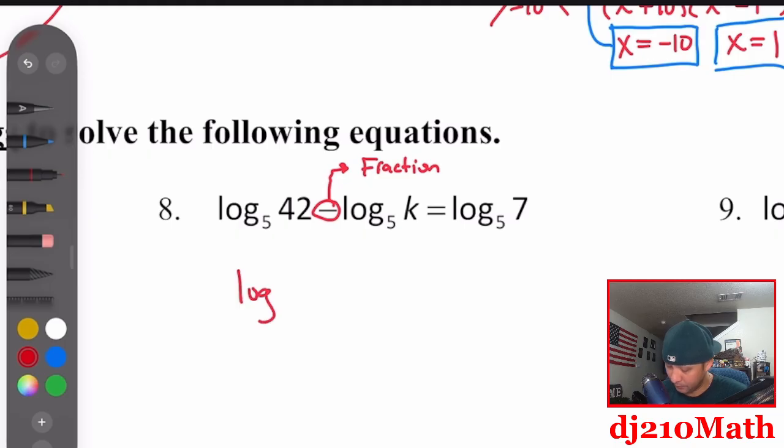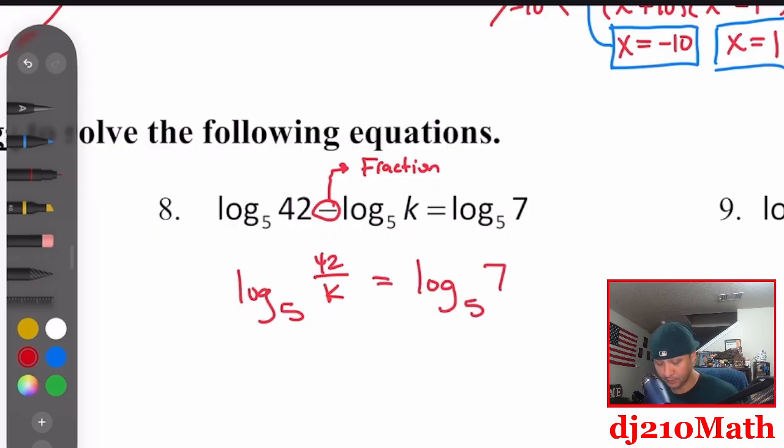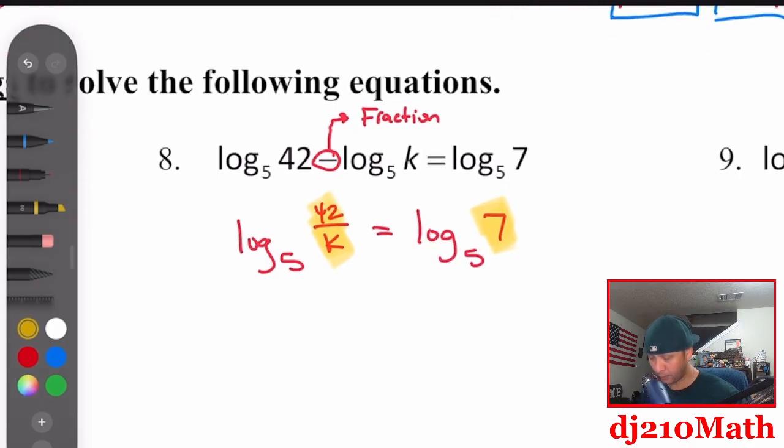So this is log base 5, 42 over k, equals log base 5 of 7. All right, this is kind of weird. So we don't care about the logs, and the arguments are what we care about.